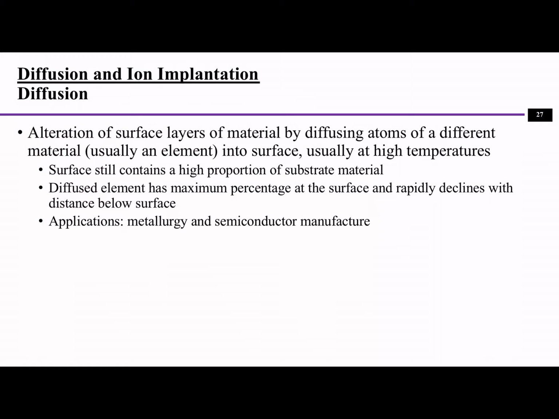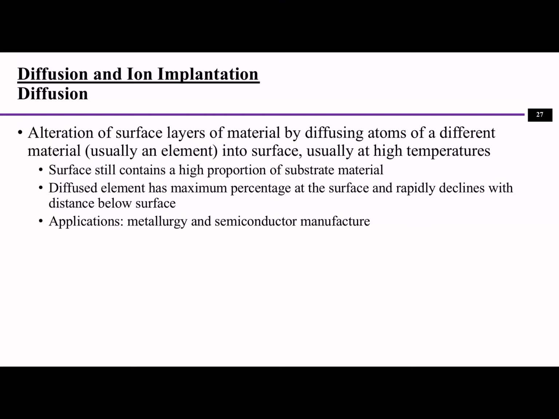For diffusion, the surface still has a large portion of substrate material. Well, for ion implantation, it actually changes the chemical property of the surface. But for diffusion, it still has a large portion of substrate material. And so the diffused element has a maximum percentage at the surface and rapidly declines with the distance below the surface.